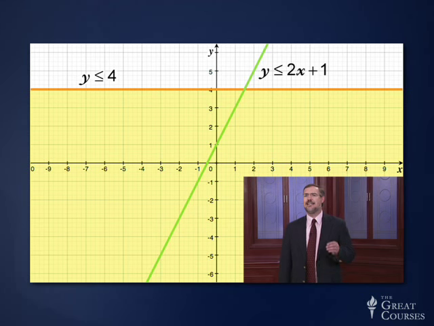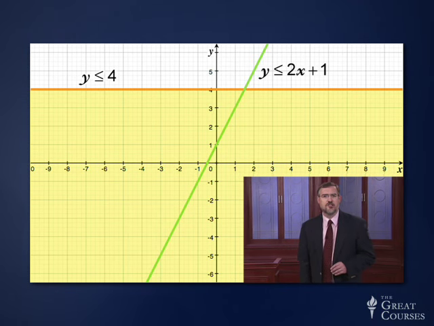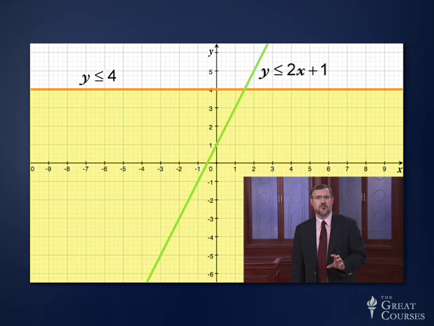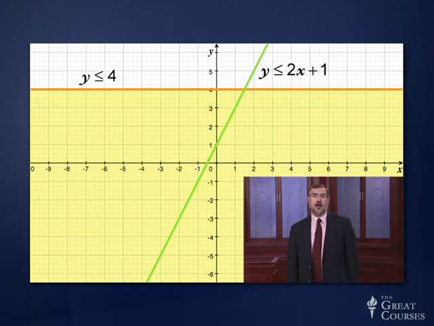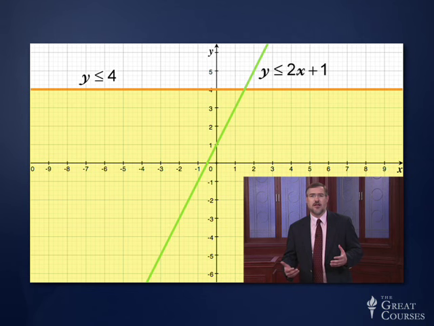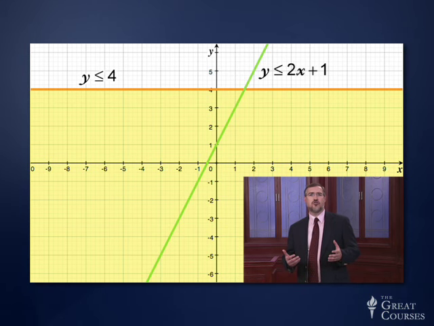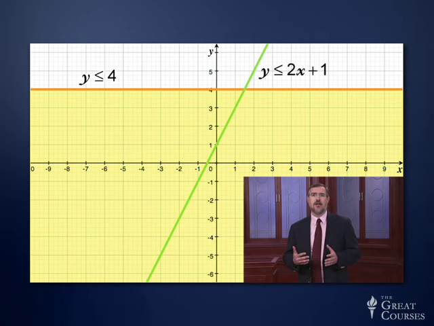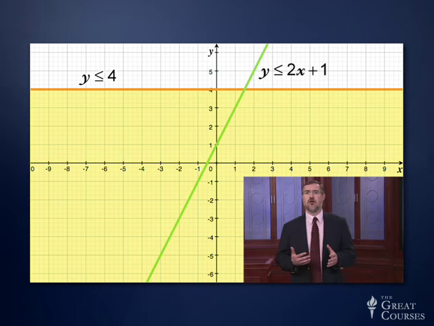Now, I need to shade in the points which satisfy y is less than or equal to 2x plus 1. I've basically got two choices of shading. I can either choose the points which are below and to the right of the line, and in order to do that, I could check, for example, the origin (0, 0).